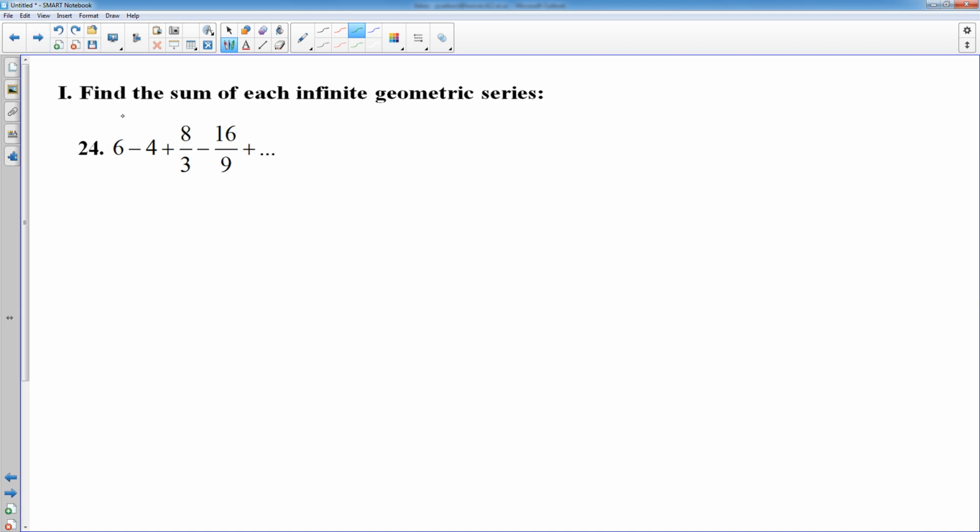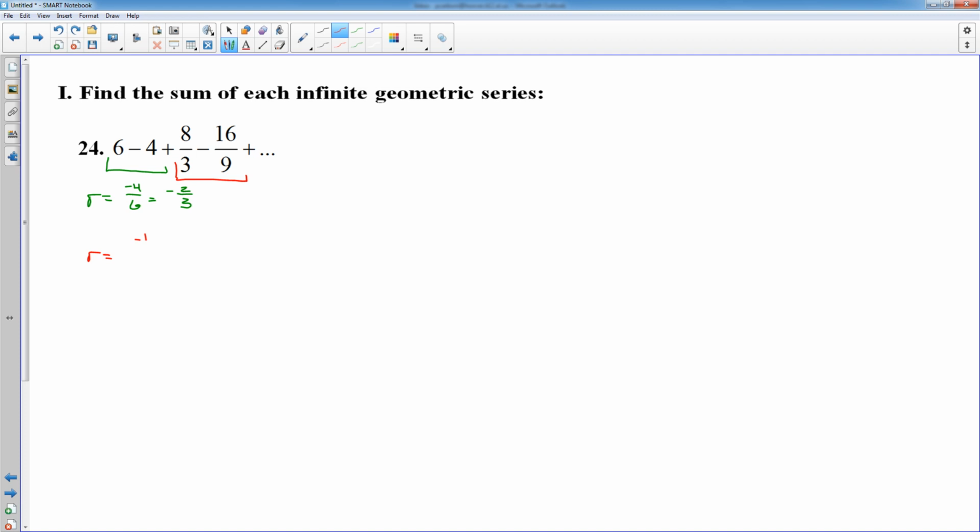All right, let's see. Again, sum of an infinite geometric sequence. I need to find the ratio. If I found the ratio between, say, these two, my ratio is -4 over 6, which is -2/3. And just to be doubly sure that I did that right, I'm going to find the ratio between these two terms as well.